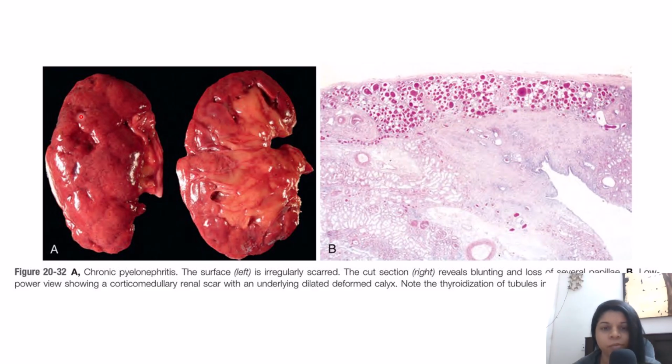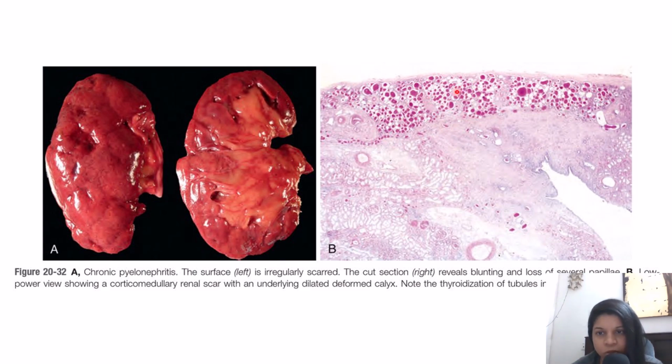On the cut surface, because the urine is accumulated and Tamm-Horsfall protein is accumulated in the tubules because of the tubular injury, there will be thyroidization of the tubules. You can see the thyroidization of the tubules. It is called thyroidization because the histology of the thyroid looks similar, like colloid present in the follicles.